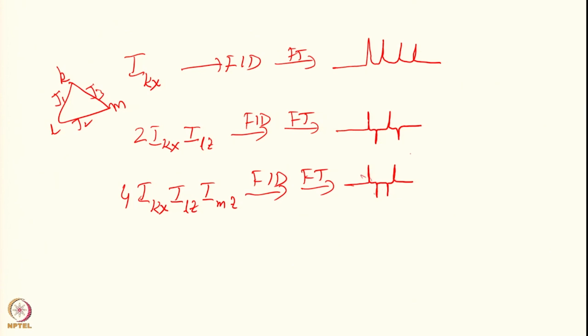So here I have plus, minus, and here plus, minus, minus, plus. So, one negative comes from K to L, and the second negative comes from K to M. Therefore you get this kind of pattern. This is the doubly antiphase magnetization. Therefore, this is called doubly antiphase magnetization.